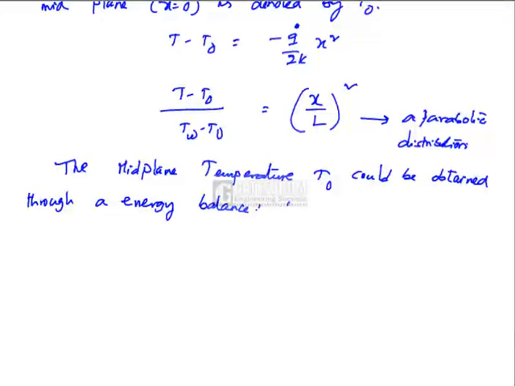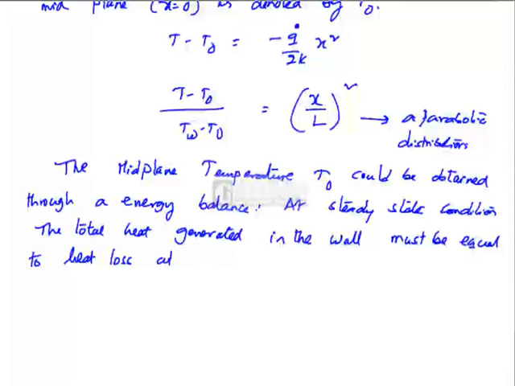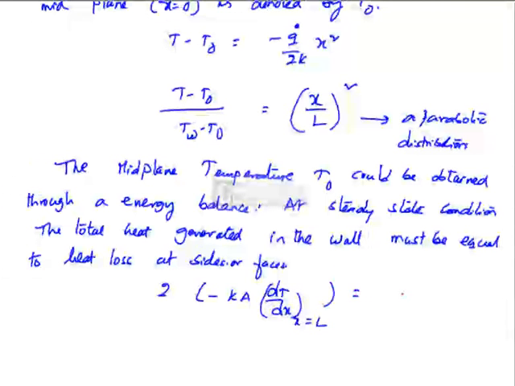That is, at steady state condition, the total heat generated in the wall must be equal to heat loss at sides or at faces, that is 2 into minus KA dT by dx at x is equal to L. That should be equal to the total heat generated in the slab, where Q dot is the heat generated per unit volume and 2L is the total width of the slab. A into 2L is the total volume of the slab.